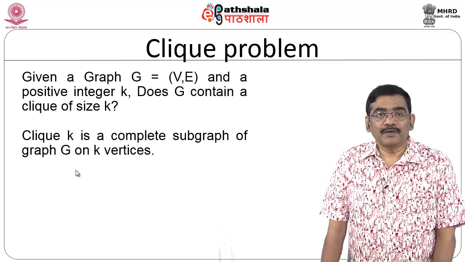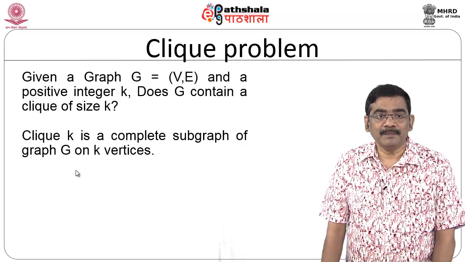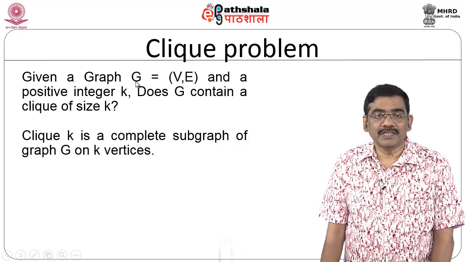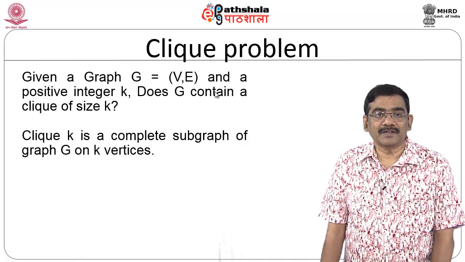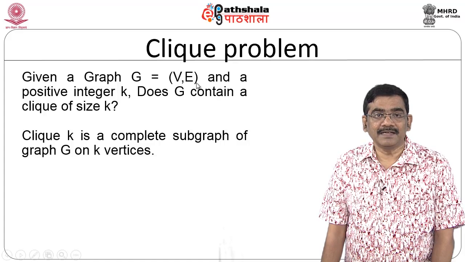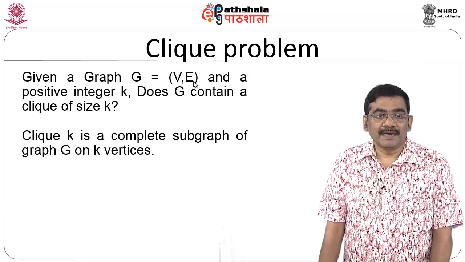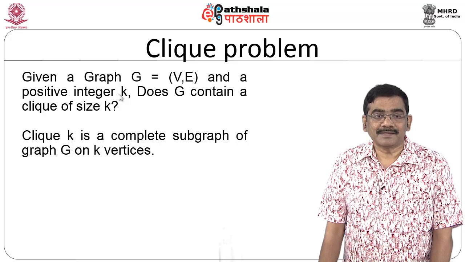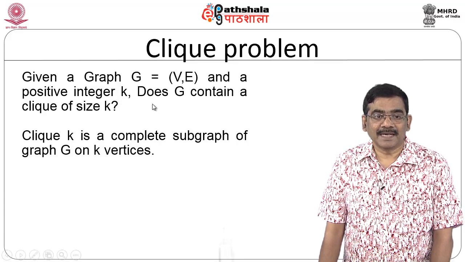So, before we start, let me explain what a Clique problem is. We have a graph G equal to (V, E), where V is the set of vertices and E is the set of edges, and a positive integer k is given. The question is, does G contain a clique of size k?